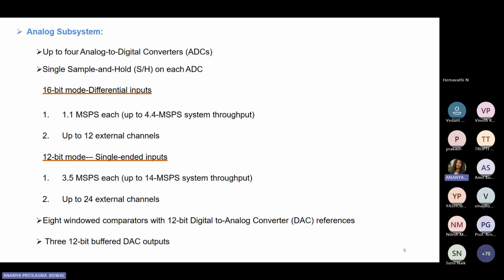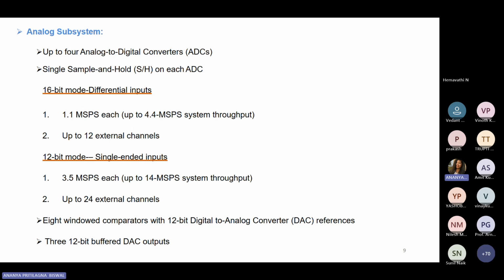In 16-bit mode with differential inputs: 1.1 MSPS each, up to 4.4 MSPS system throughput, and up to 12 external channels. For 12-bit mode with single-ended inputs: 3.5 MSPS each, up to 14 MSPS system throughput, and up to 24 external channels are present.